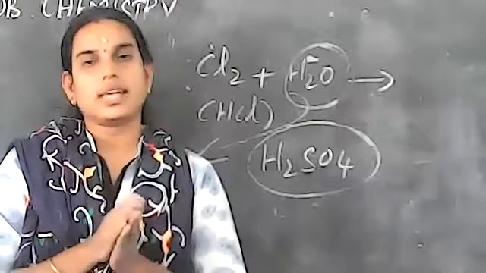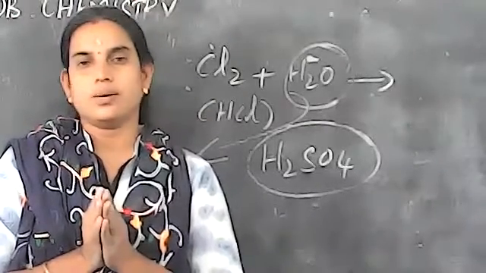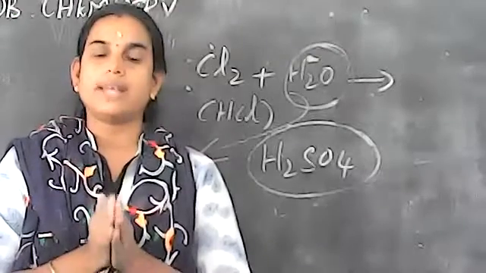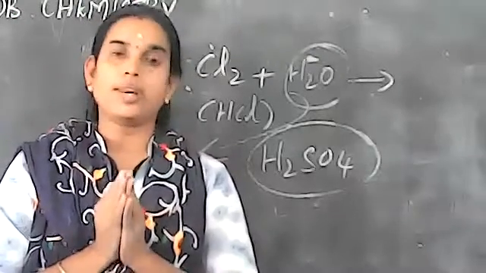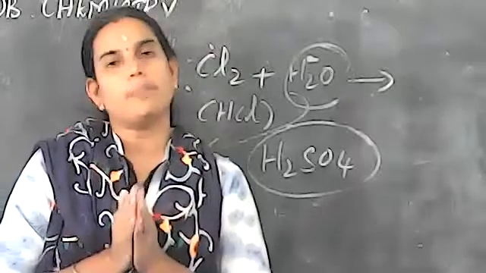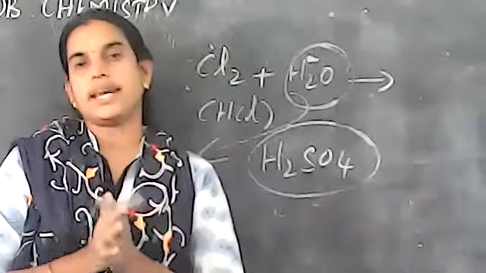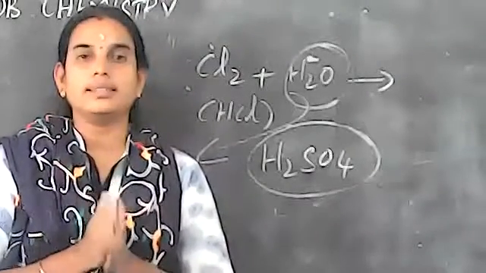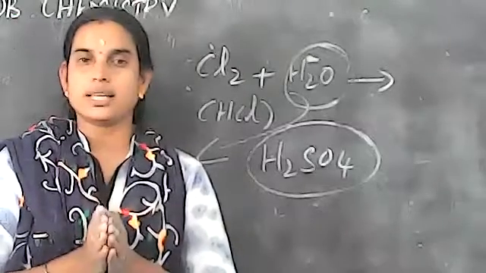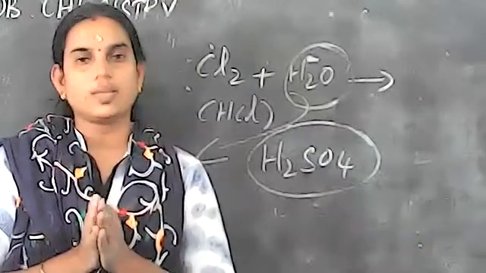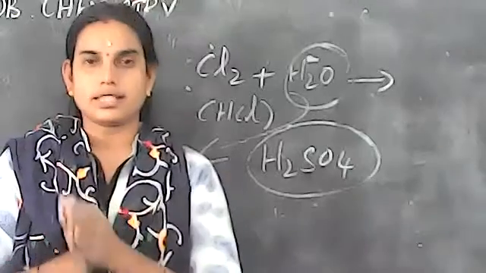Then our second topic is nitrogen. Nitrogen is the main source for nutrient exchange and growth for plants. How do plants obtain nitrogen? During thunder and lightning, the nitrogen combines with oxygen to form nitrous oxide.